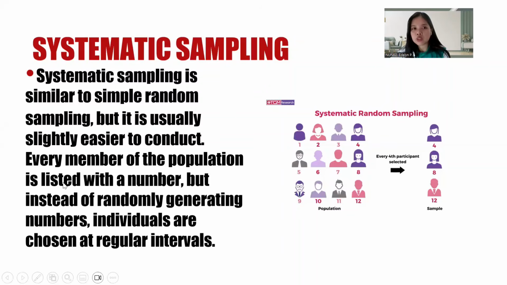Every member of the population is listed with a number. So you have the sampling frame, and then you put a number on each of the students. For example, if you have the agribusiness department, you write from 1 to 376. And then the next department, ES.